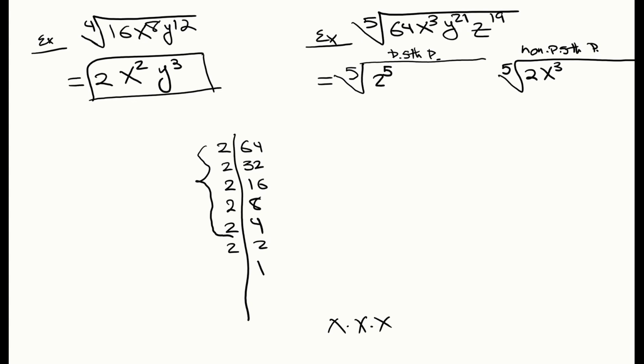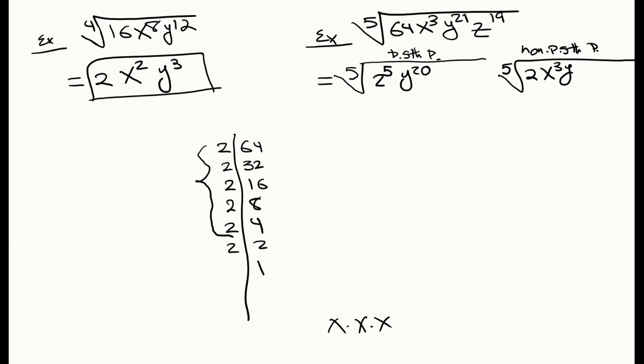How about y to the 21? Remember the trick? Ask yourself, what is the biggest multiple of 5 less than or equal to 21? And I'm sure you realize that that's going to be 20. So we're going to put y to the 20 in this radical, and we will put the y that's left over into the non-perfect fifth power radical.